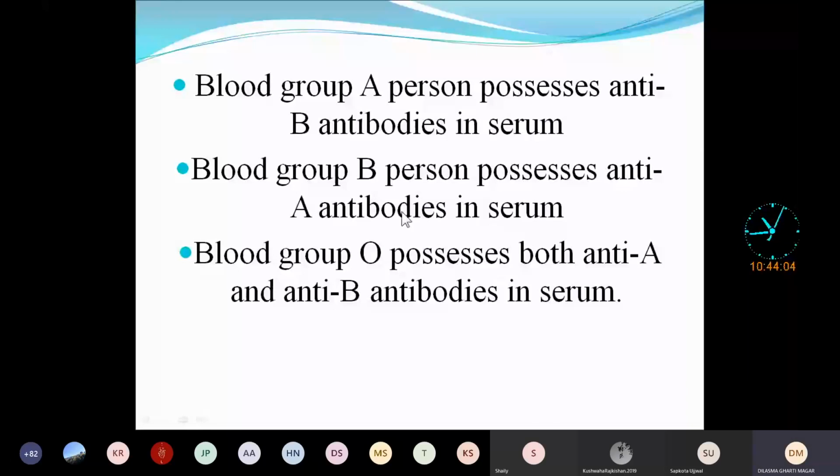But if it is O, then there will be the anti-A and the anti-B antibodies. If it is AB, then what will be there? No antibody will be there. I hope you'll answer the same in the viva also, okay?